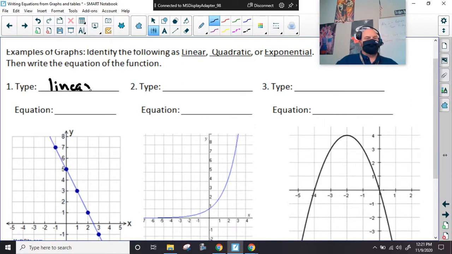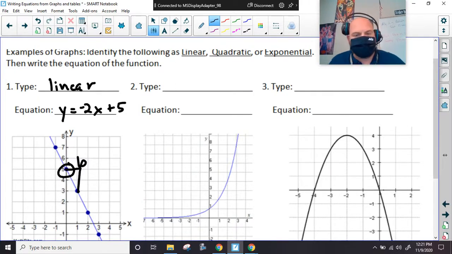It's linear. Okay. We're going to have y equals something x. So this is our B right here, our y-intercept. So we're going to have +5. And then our slope looks like we went over 1, down 2. So this has a -2. Pretty simplistic.